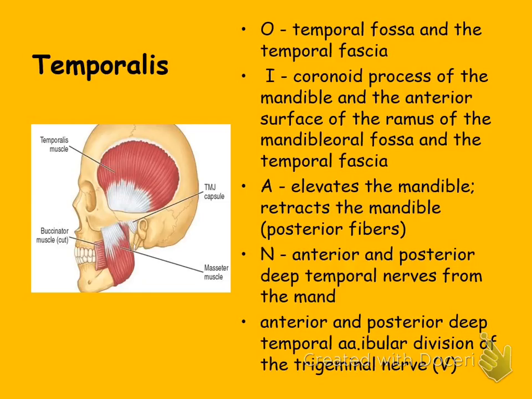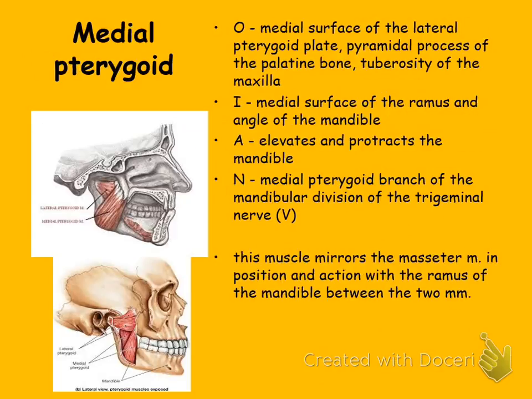Another chewing muscle. The medial pterygoid. Where do we find the pterygoids at? Pterygoid process. What bone was that on? Mandible. How about the sphenoid? Right? Remember, it comes down.